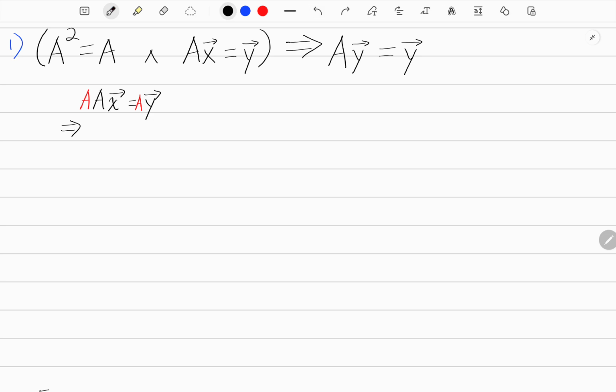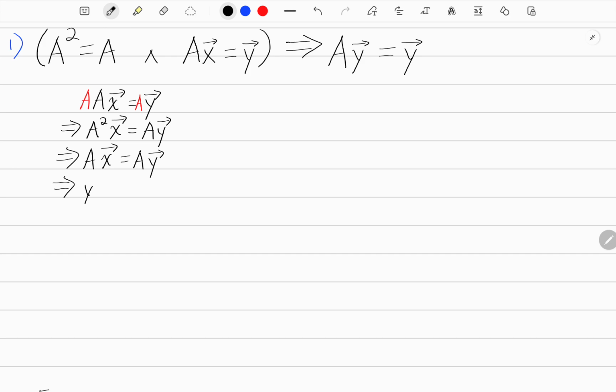What is A times A though? A times A we know is A squared. So we have A squared times x is equal to A times y. This implies that, well, what's A squared? From the other premise, we know A squared is equal to A. So A times x is equal to Ay. Well, we know what Ax is equal to: from the very beginning, Ax was equal to y.